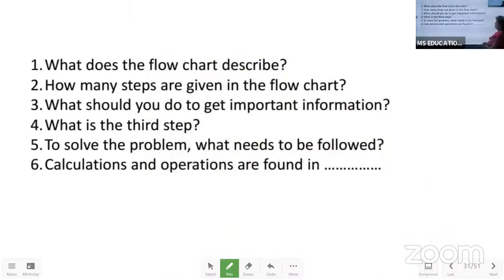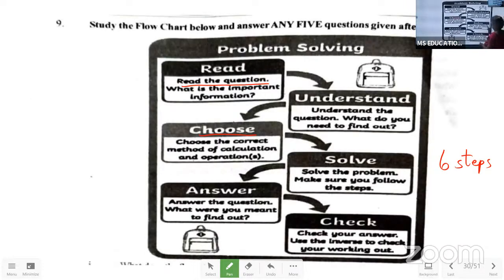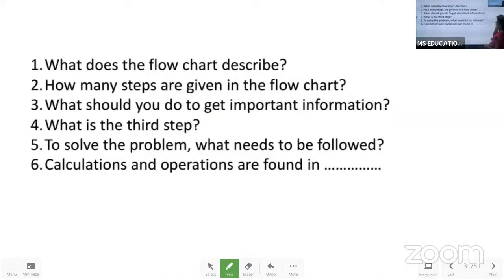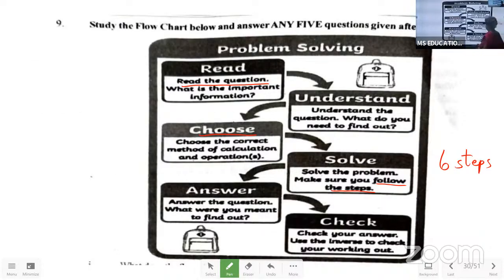To solve the problem, what needs to be followed? To solve a problem, you have to follow the steps. Calculations and operations are found in your inverse.